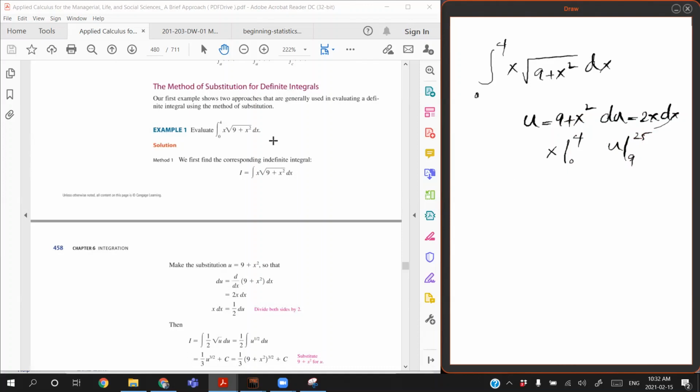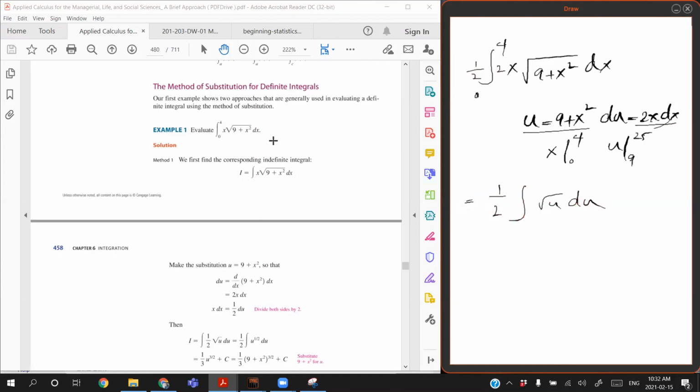That is, if x changes from 0 to 4, u, because of this definition of u, is going to change from 9 to 25. Okay, now I do whatever I need. I'm trying to create this du, so I multiply by 2, divide by 2. This is going to be 1 over 2 integral of root u du.